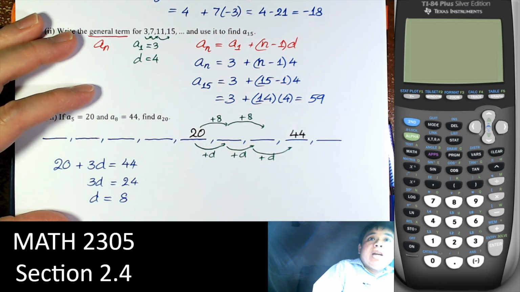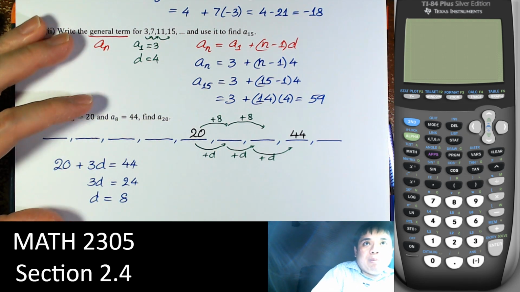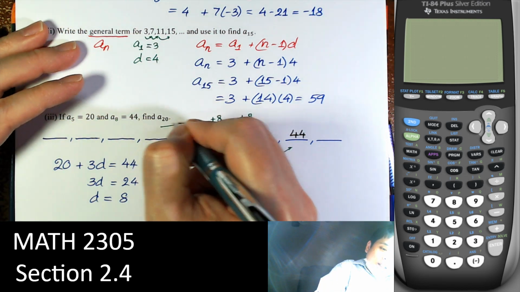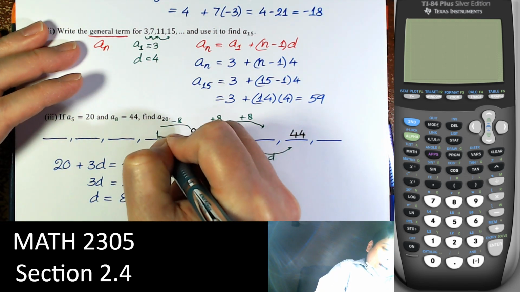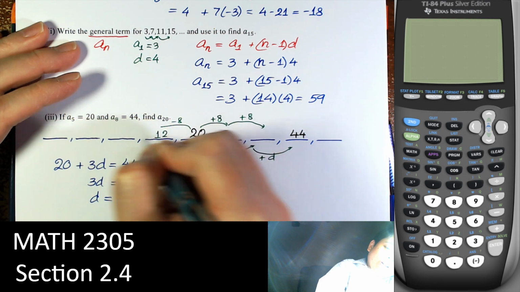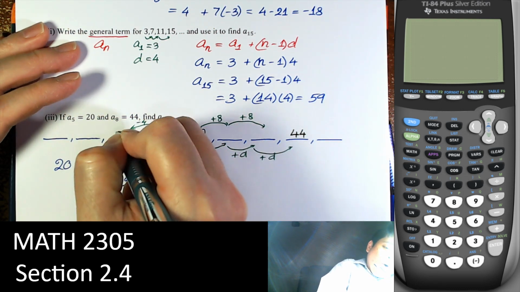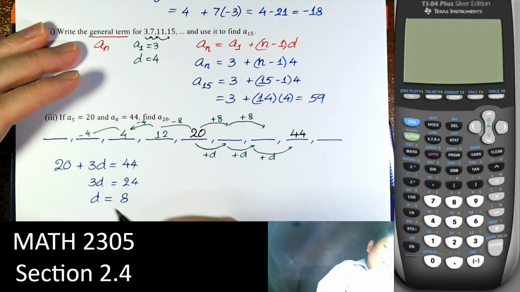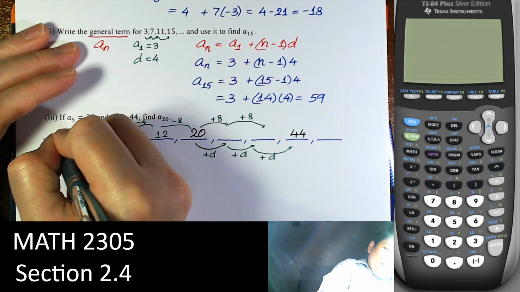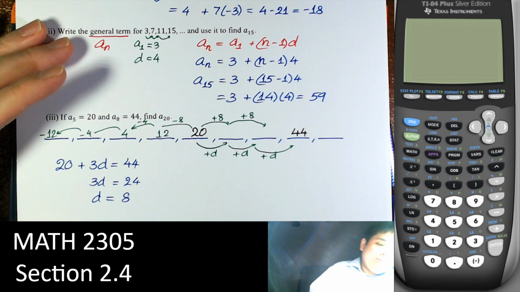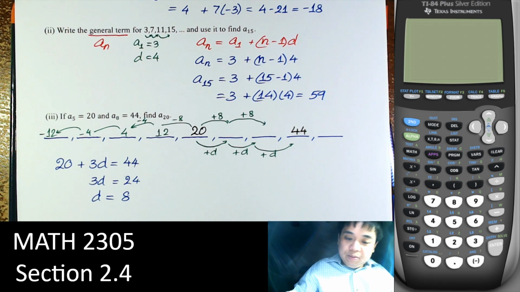To go backward, we subtract. So that gives us 12. Subtract 4 to go backward. Minus 4. Minus 12. So we start with minus 12.